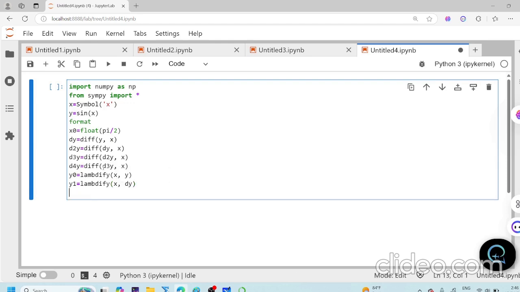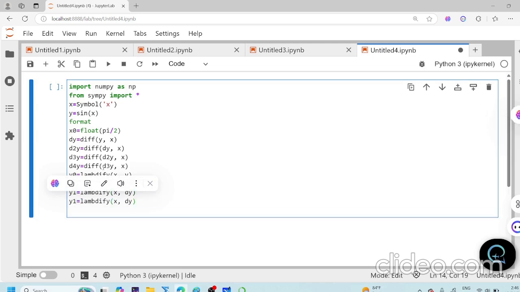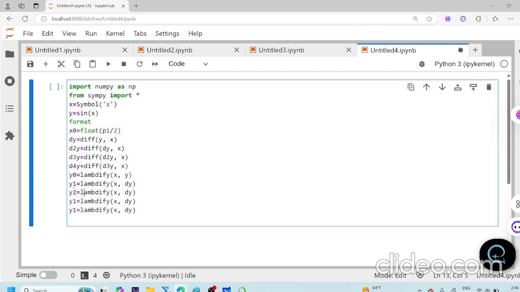Then I have to write the same expression, y2 equal to lambdify of d2y, then y3, then y4. Okay, now we have simplified the derivatives y0, y1, y2, y3 and y4.